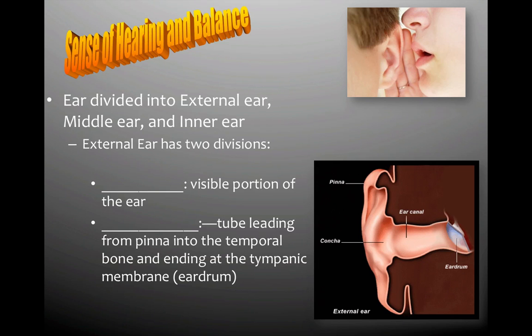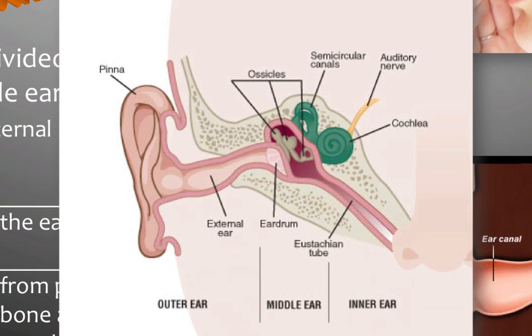So the first point I want to make is that the ear is divided into three parts: the external ear, the middle ear, and the inner ear. If we take a look at this picture here, you can see that the three are divided right here, and basically everything on the outside, but also including the tube that goes into the head, are found in the outer ear. In the middle ear, we can probably go ahead and cut the line right about here.